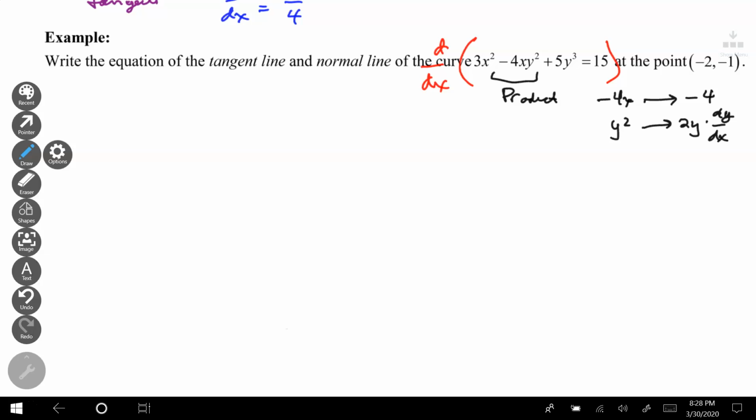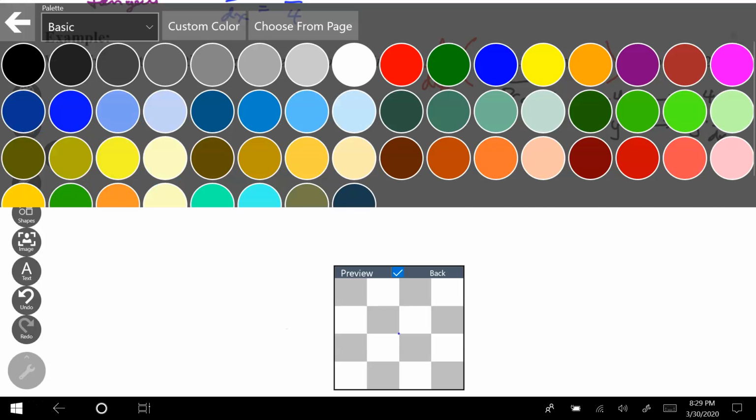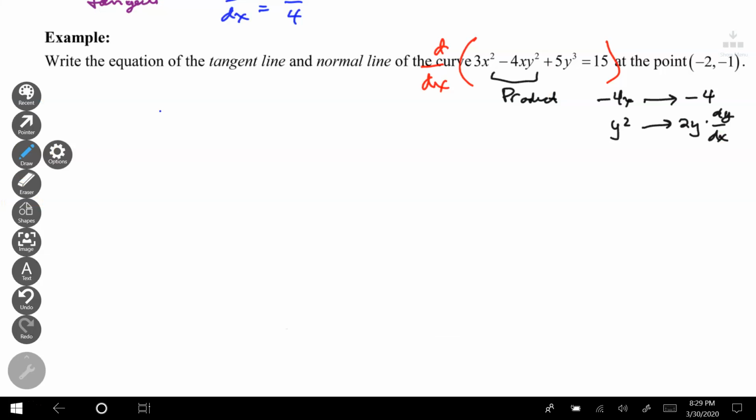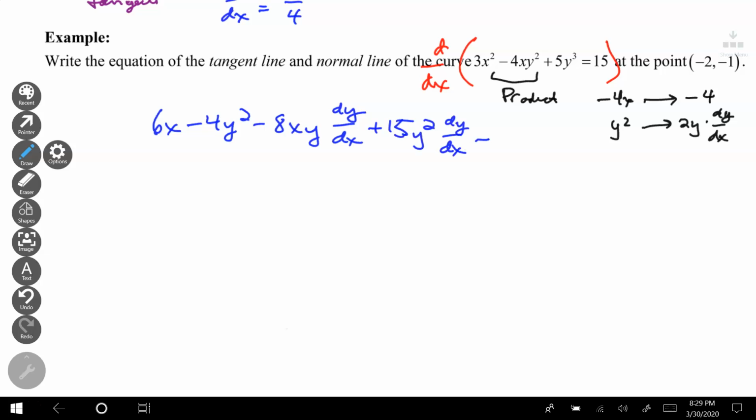And when I take its derivative, let me change the color, I get 6x minus, my first crisscross is -4y squared, my other crisscross is -8xy dy over dx, plus 15y squared dy over dx is equal to, derivative of 15 is just 0.